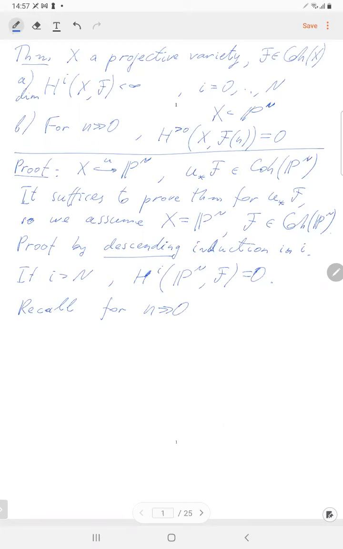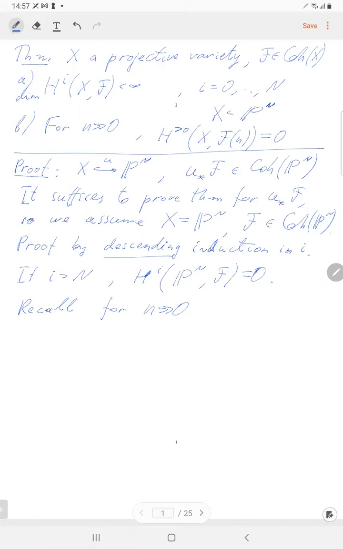Thank you. Welcome. And also, I have a question. How do you reduce the general case to the case of P^N? So just by taking the push forward of any coherent sheaf on any projective variety. This push forward will be a coherent sheaf on the ambient projective space, and its cohomology will be the same as the cohomology of the original sheaf F. I just forgot why is it so?